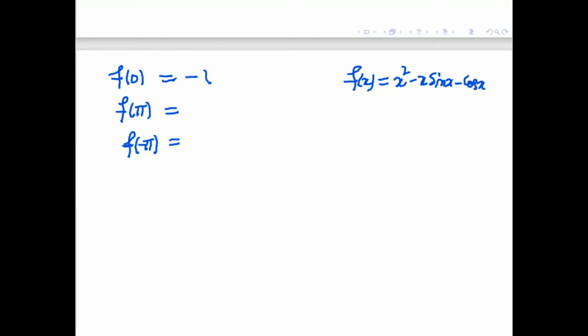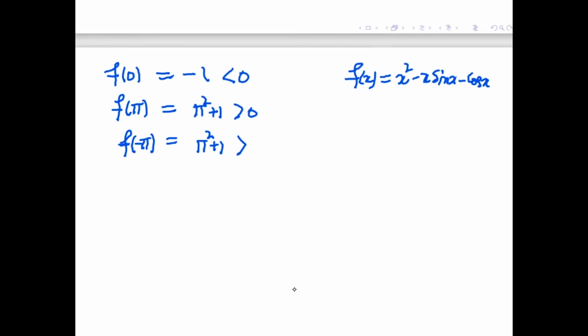So f of 0 is minus 1, f of pi is pi square plus 1, and f of minus pi is also pi square plus 1. This is negative, this is positive, this is positive. So this is 0, this is minus pi, this is pi. So by the intermediate value property, from 0 to pi there is some root, and from minus pi to 0 also there is one root.